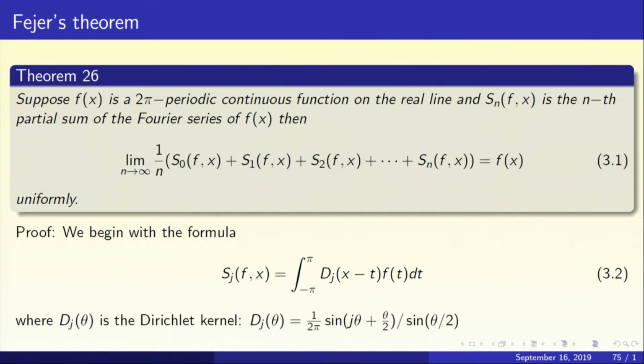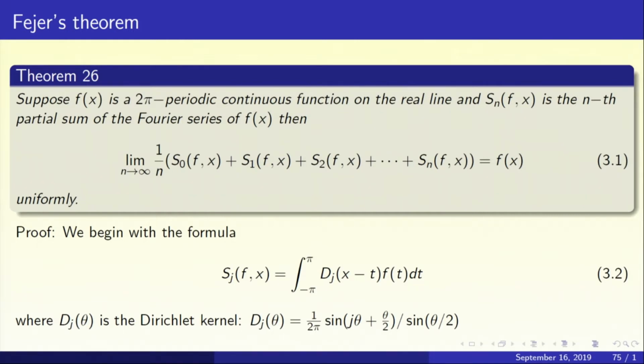Dj is the Dirichlet kernel. Dj theta is 1 upon 2 pi sine j theta plus theta by 2 divided by sine theta by 2. We derived this expression in module 1. So, that is your Sj of f of x.